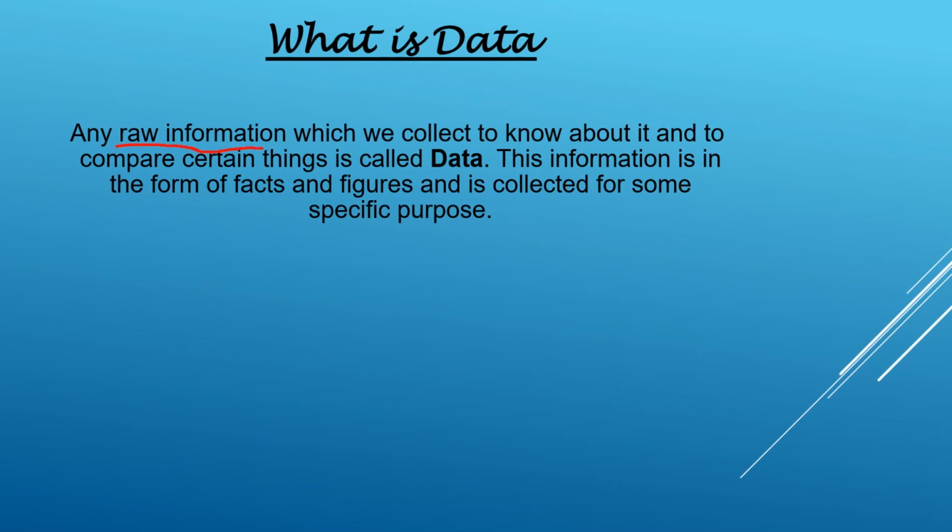Raw information it is called because here we are collecting it from any primary source which is not published or which is not analyzed or organized. So that is why it is called raw information.